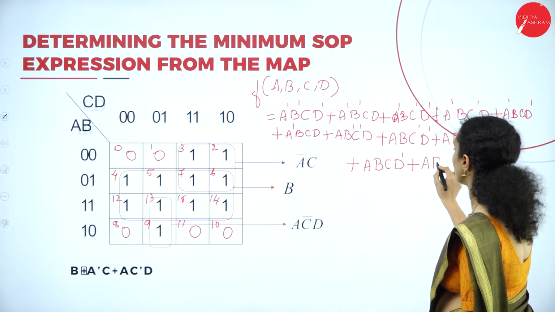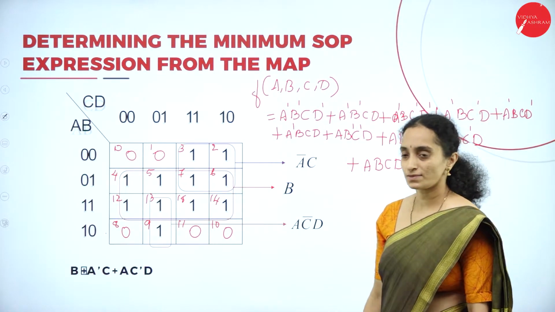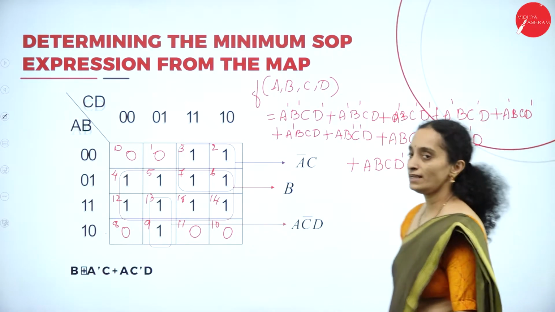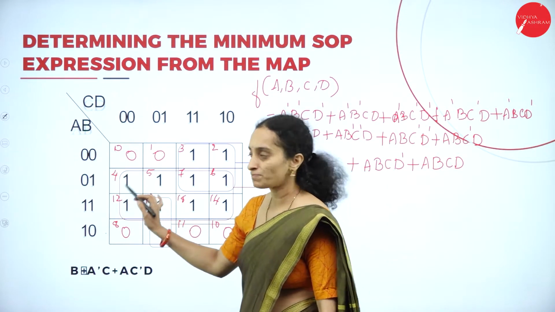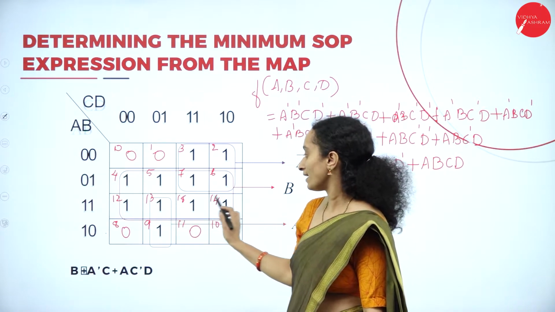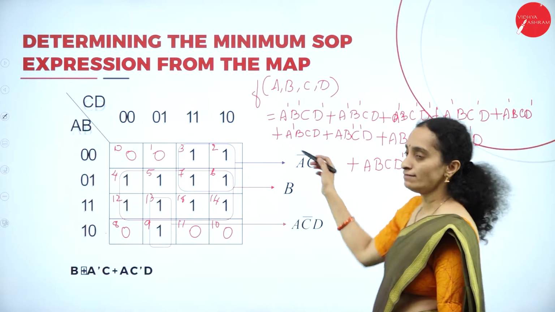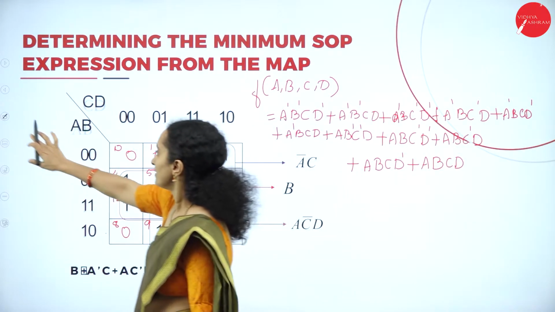It will be a, b, c, d. Totally, we have how many min terms? 1, 2, 3, 4, 5, 6, 7, 8, 9, 10, 11 min terms are there. So, you can have the expression like this.